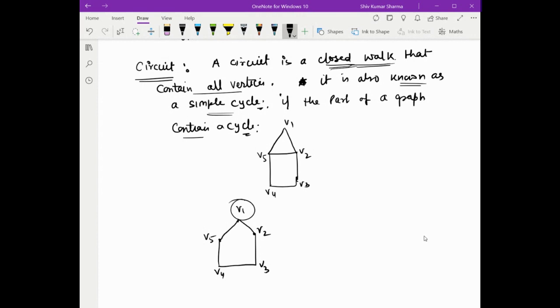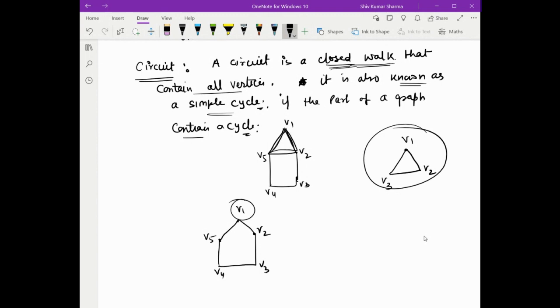If we take an example, we consider this portion V1, V2 and V3. So this is known as the simple cycle. But this doesn't cover all the vertices. But this constructs a circuit.